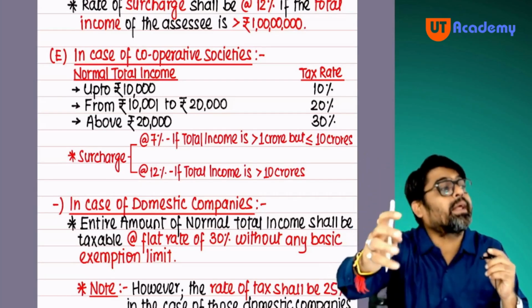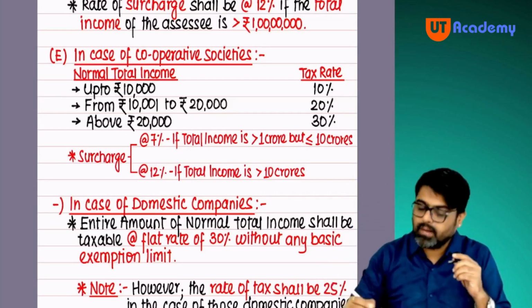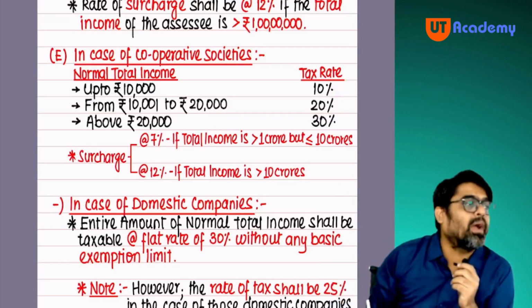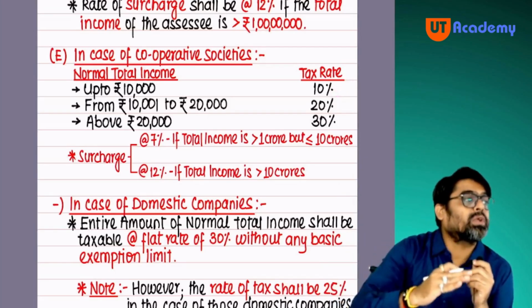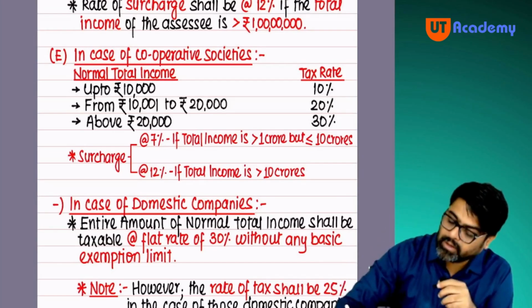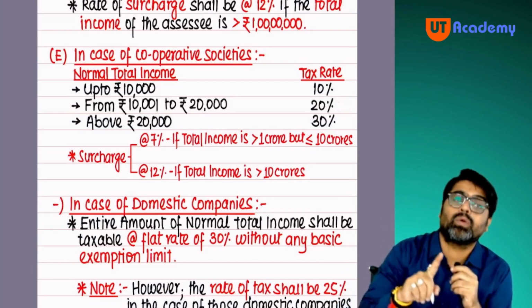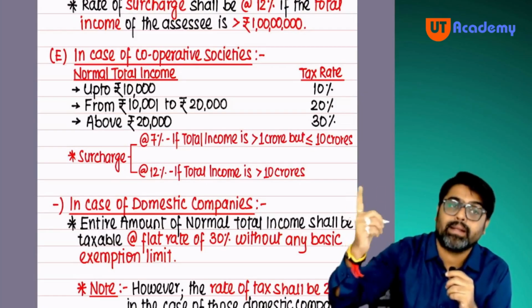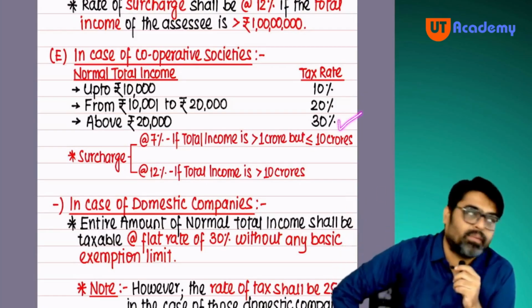On the first 10,000 of your total income, a cooperative society pays 10%. Then total income from 10,000 to 20,000, on that you pay 20%. And any total income over and above 20,000, you are going to pay 30%.